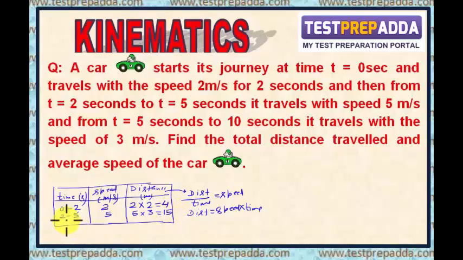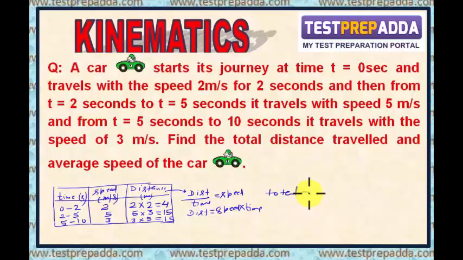Now 5 to 10, another interval given. The speed is 3 meter per second. So 3 into 5, time interval is 5 seconds. So it will be again 15. Got the idea? So what is the total distance traveled?